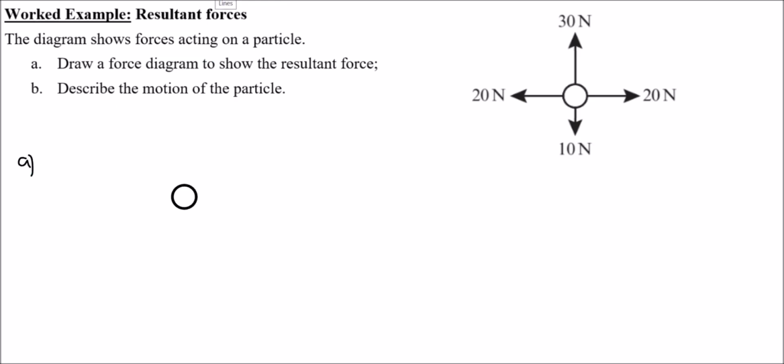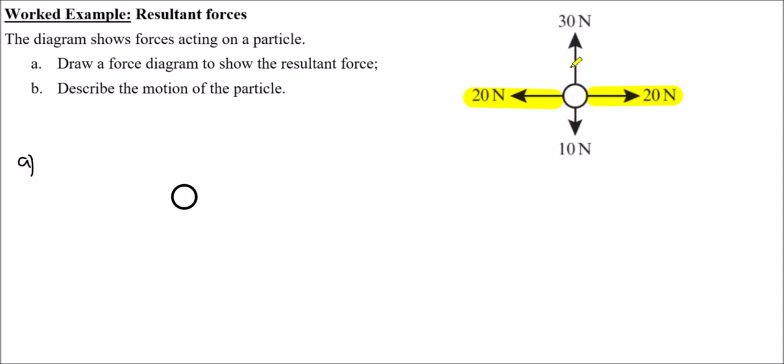So resultant force, if we have a look horizontally, it's 20 to the left, but also 20 to the right. So the 20 to the left and the 20 to the right will cancel, working in equal and opposite directions, so the net force going left and right is 0. However, if you look at up and down, it's a force of 30 going up and 10 going down. So overall, because the upwards force is greater than the downwards force, the upwards force will prevail, it will win, essentially.